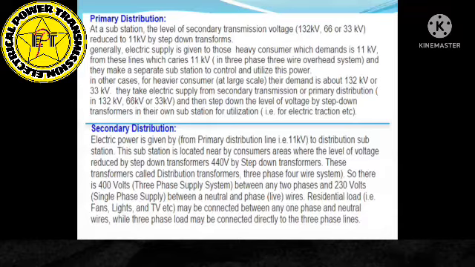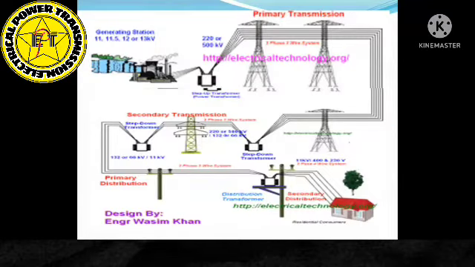They step up, step down, till you are supplied power of a certain capacity, but with a voltage rating of 230 in your home premises. This is now very clear: this is the generating station, and this is the transmission line.